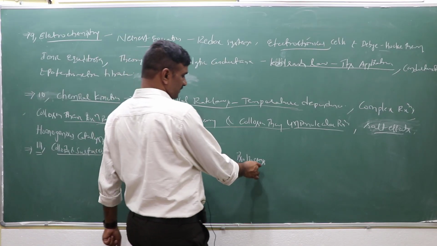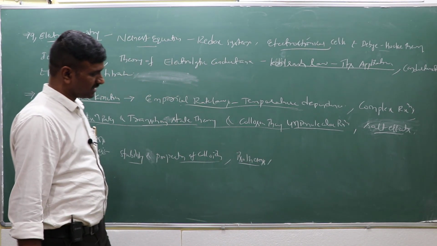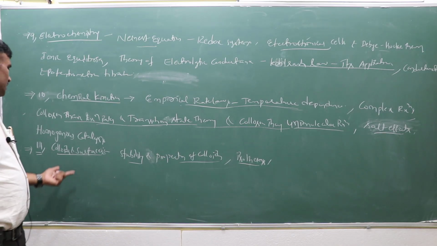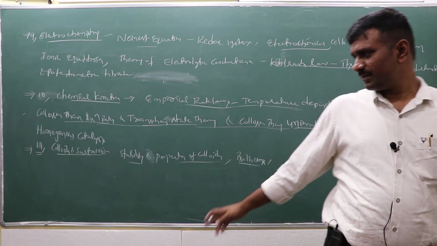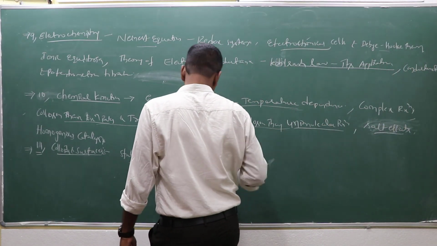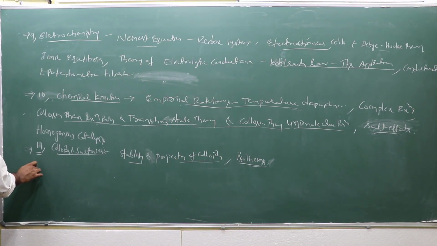Isotherms will be given in the surface areas, and again the CMC is mentioned, right. The related questions are also there, I can explain based on the unit. So isotherms are mentioned in the surface areas, surface chemistry.